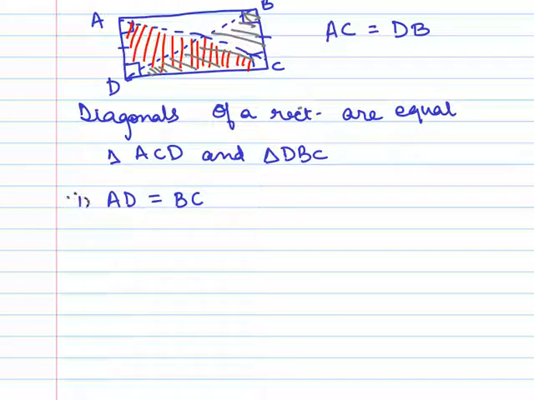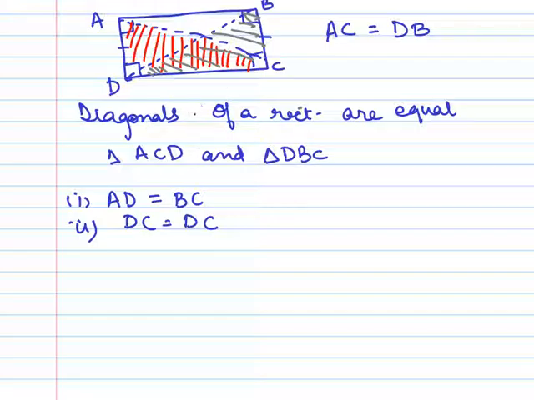First thing. Second thing, side DC is equal to side DC because it's a common side.